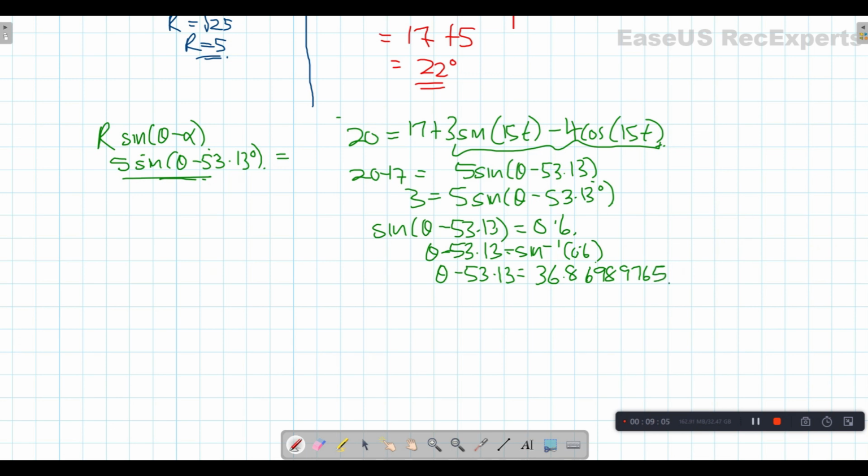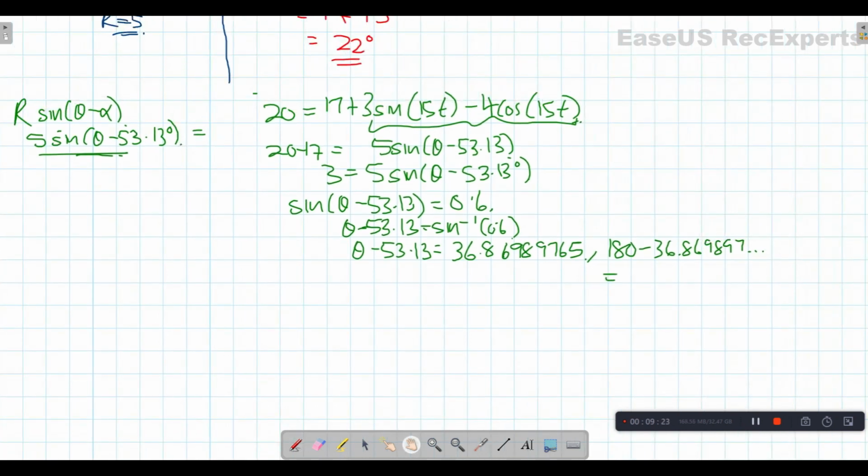Okay, and this is the acute angle, first quadrant. What is the angle for sine in the second quadrant? You take 180 and then you minus 36.869897, and it gives you 143.13011024.